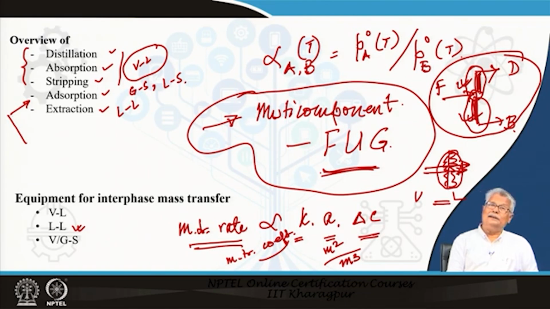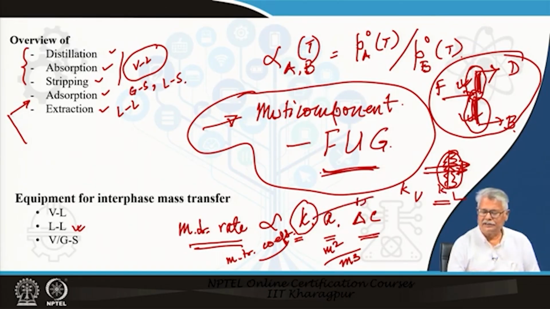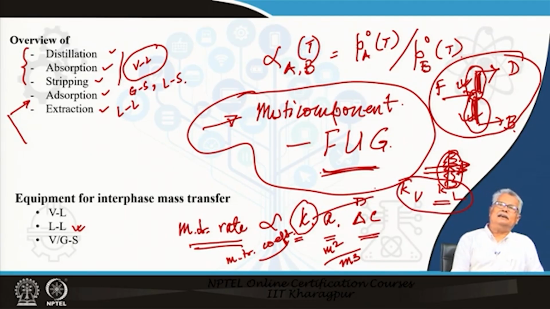Now, ultimately this K is a function of the K of the vapor side and K of the liquid side. The same thing could be K of phase 1 and K of phase 2. So, this K is a function of these two individual K's. Now, say I know that my liquid phase resistance dominates. In that case, how will I decide on equipment?